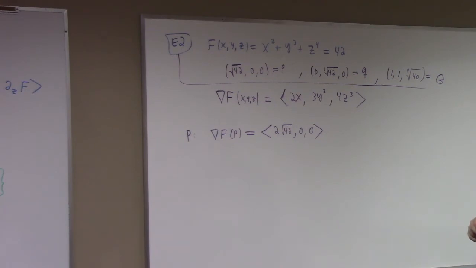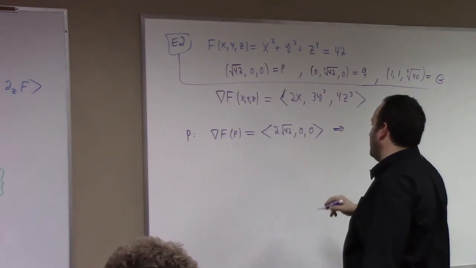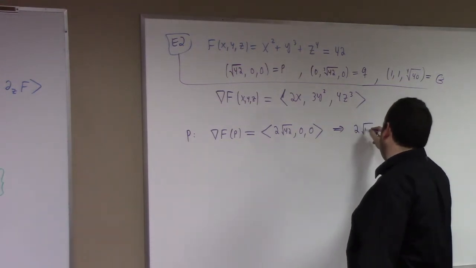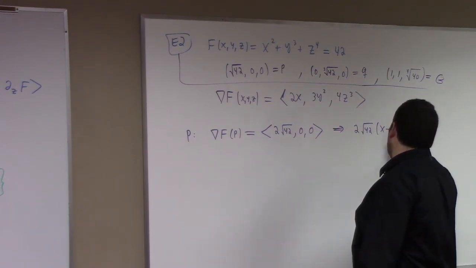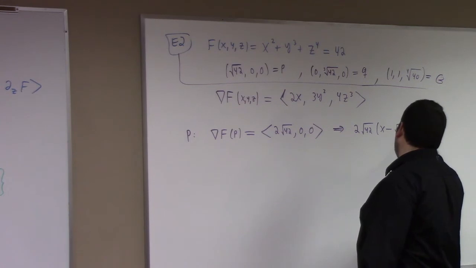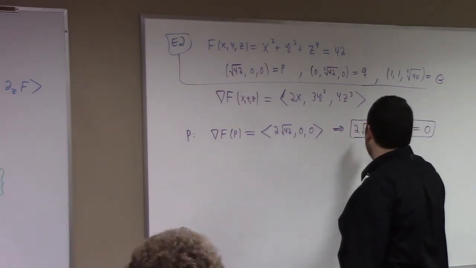So what's the equation of the tangent plane then? We have 2 times the square root of 42 times x minus the square root of 42 equal to 0. So there you go, equation of the tangent plane.